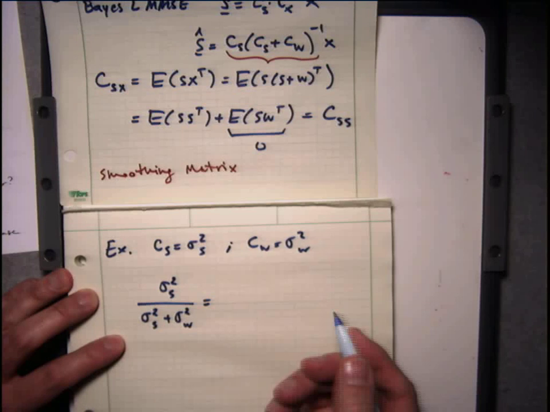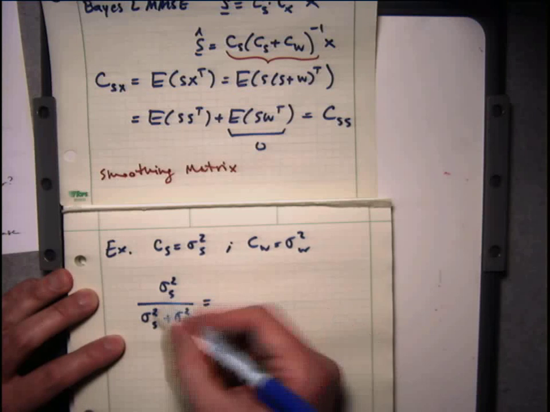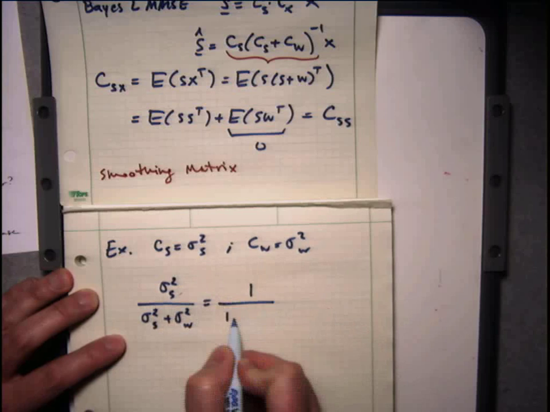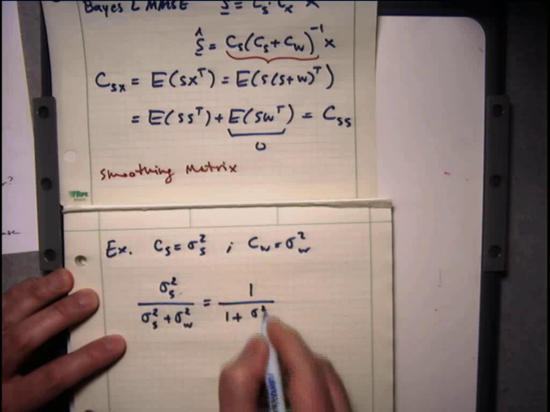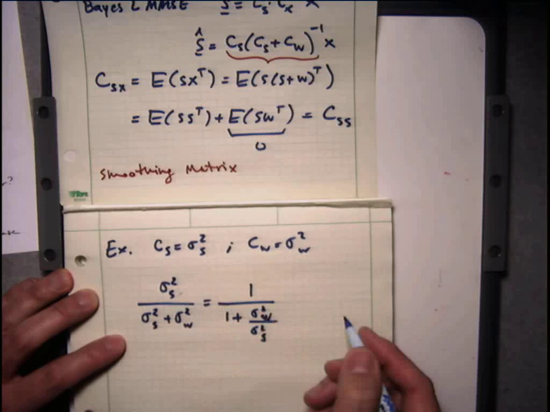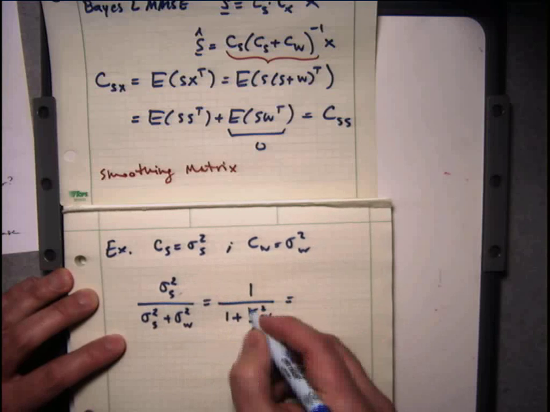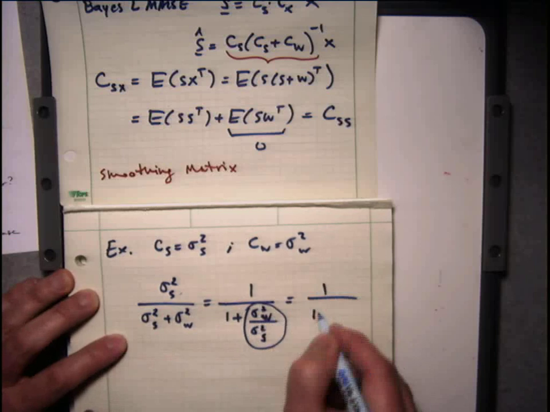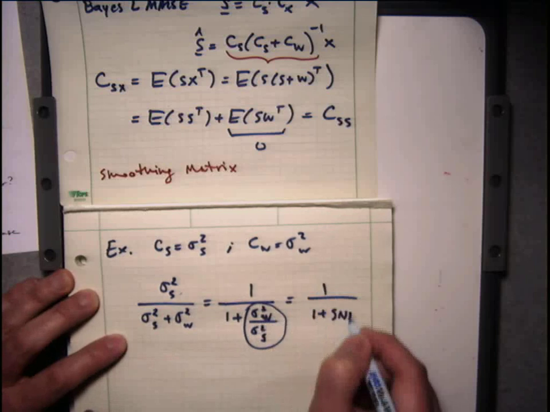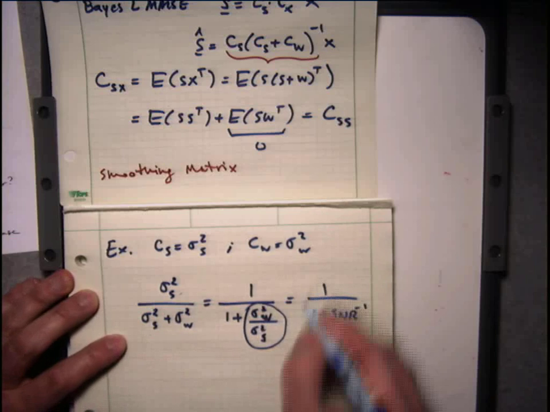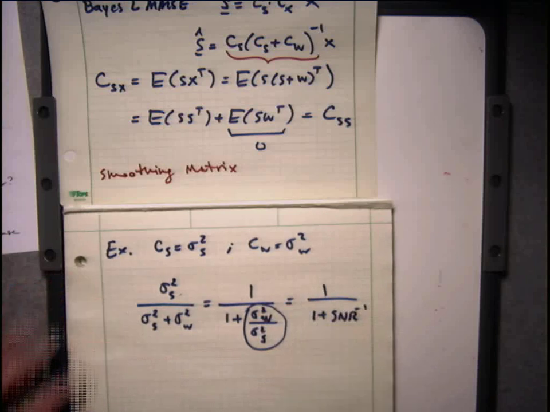And so if you rewrite this by just dividing everything by sigma squared S, you get 1 over 1 plus sigma squared W divided by sigma squared S. Okay. Another way to write this is this quantity here is 1 over the signal to noise ratio. So this is 1 over 1 plus the SNR to the minus 1. Okay? This turns out to be basically the expression for what's classically known as the Wiener filter.